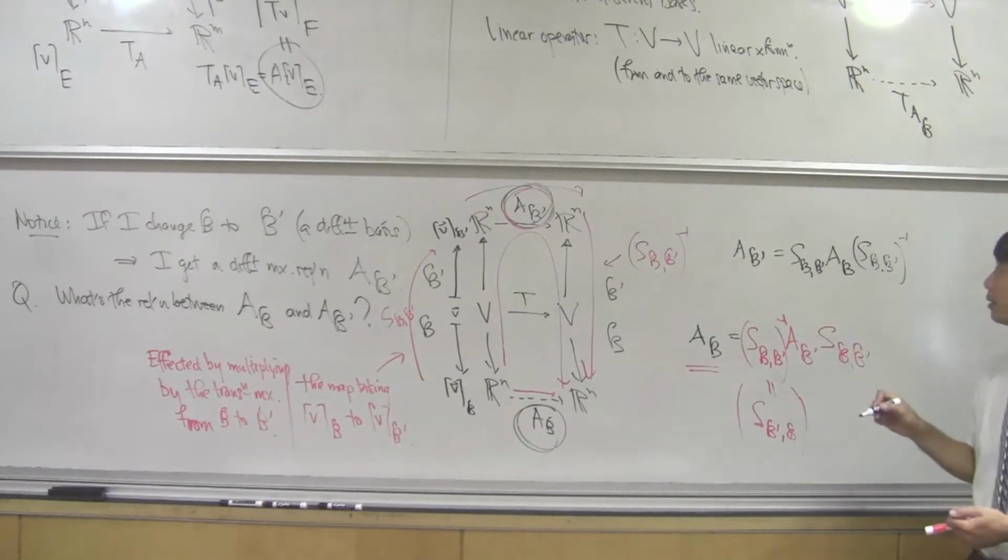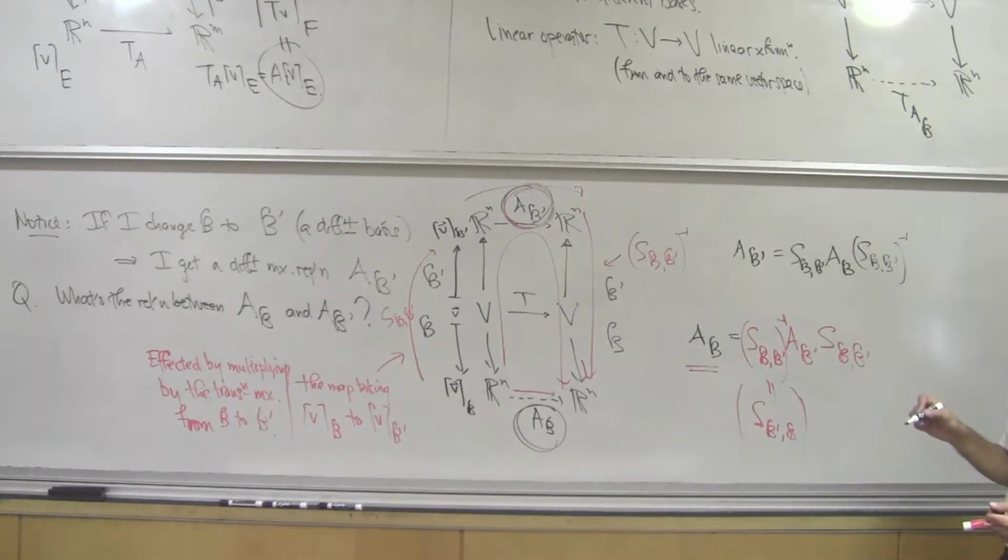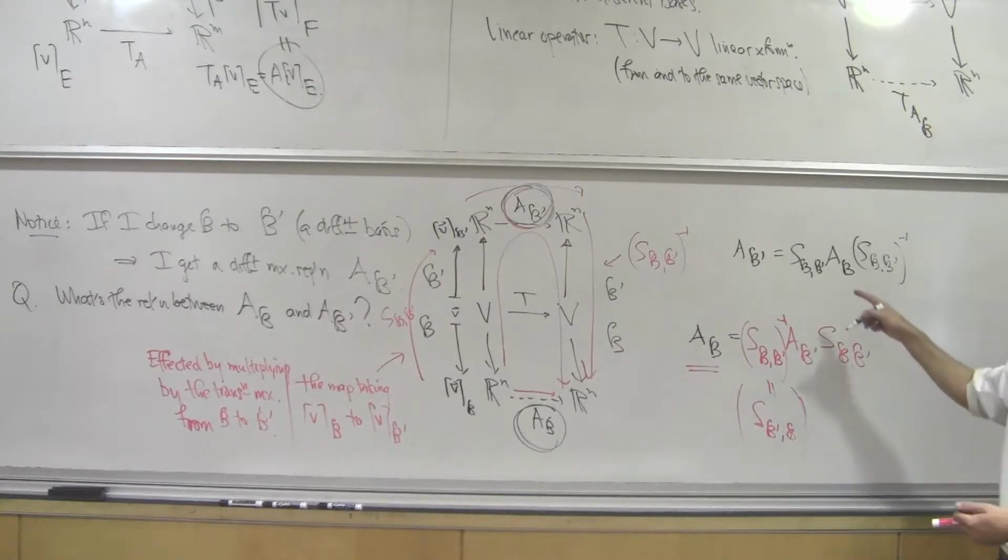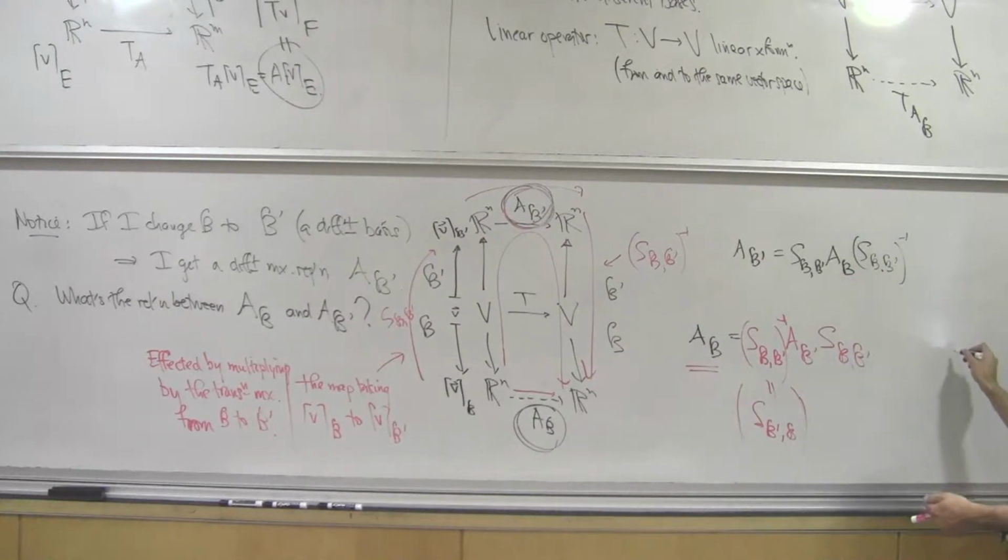Why did you write it backwards instead of starting from there? That's how you write a composition. If I write f of x is sine x and g of x is x squared, then f composed with g, the g happens first and then the f. This is f of g of x.